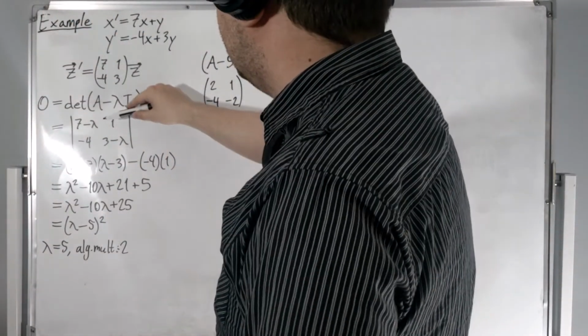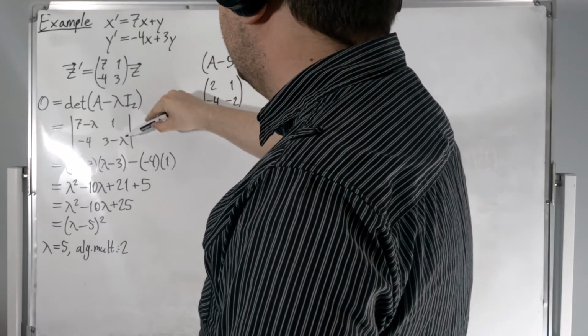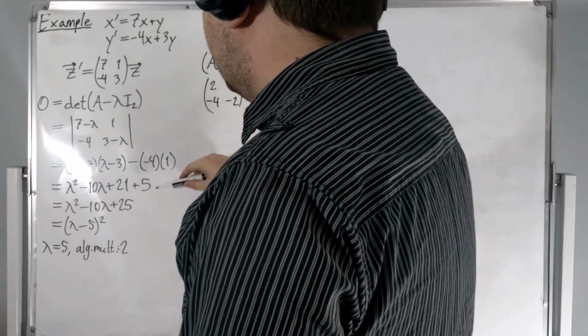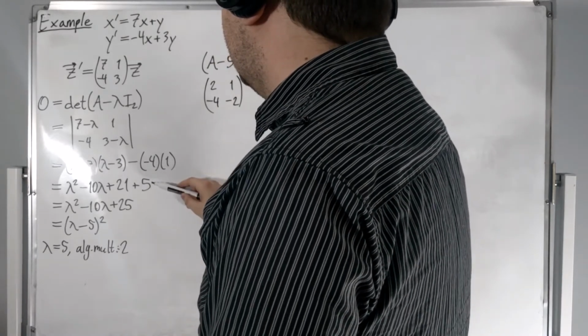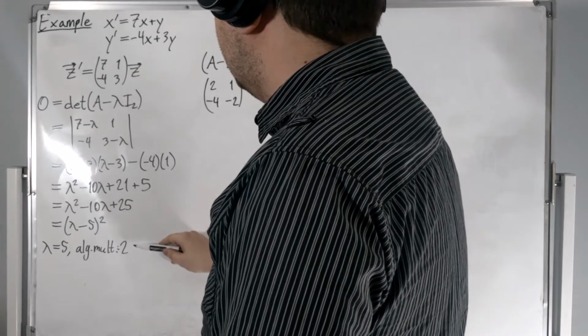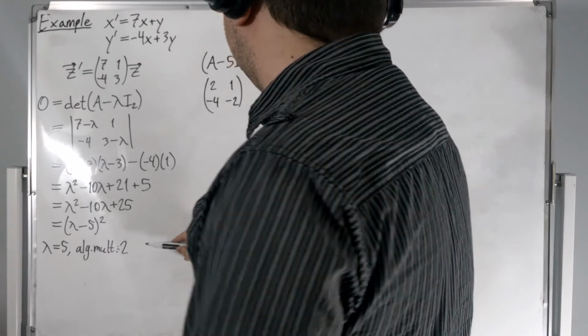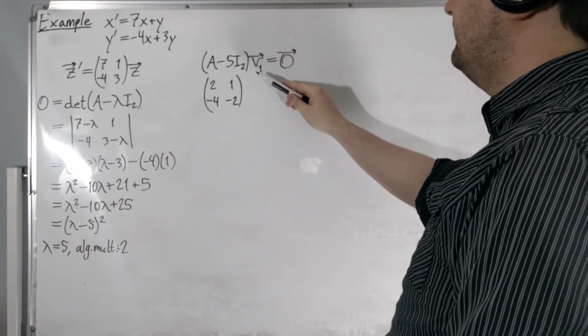Let me just make sure I didn't mess this up anywhere. We have lambda minus 7 times lambda minus 3 minus negative 4 times 1. Lambda minus, okay, lambda equals 5, so minus 5.